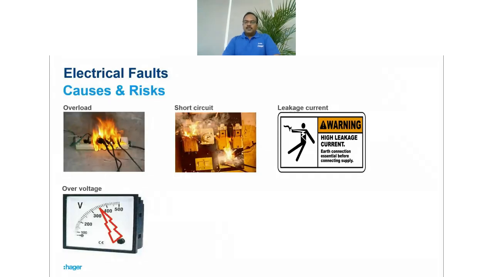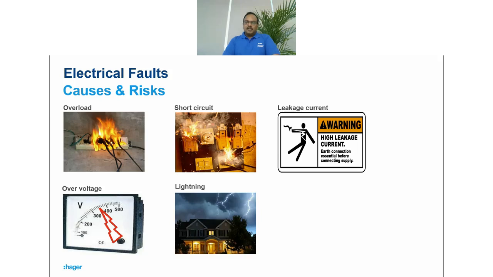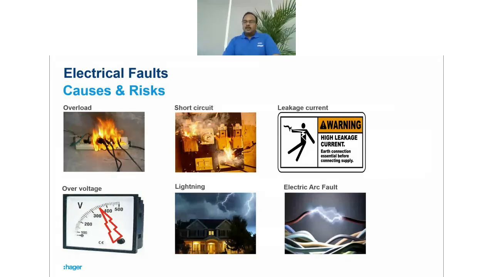Lightning, in some countries, and sometimes even in countries where lightning is rare, it may occur and it can cause a lot of destruction. One more is this arc, what we are recently hearing about, the electric arc fault. What is this, and how is this topic evolving? We will see a lot of discussion today on this particular point.